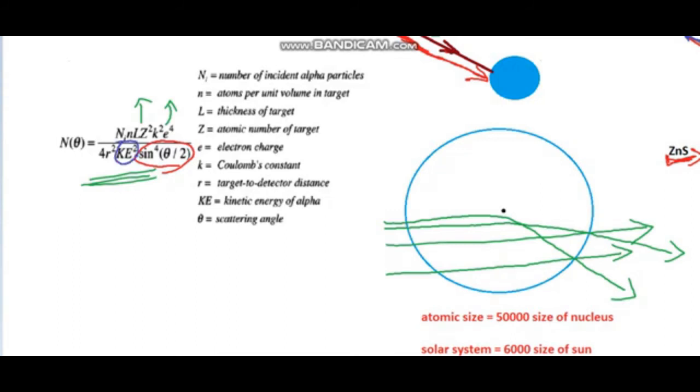So these are the three important factors we will be looking at in this equation. We will not derive this equation; we have to consider only these important facts, the three parameters which are important in this equation. We will discuss how these parameters affect alpha scattering.